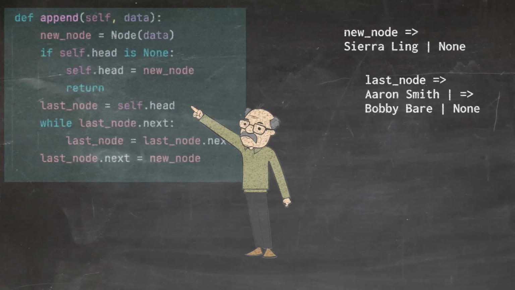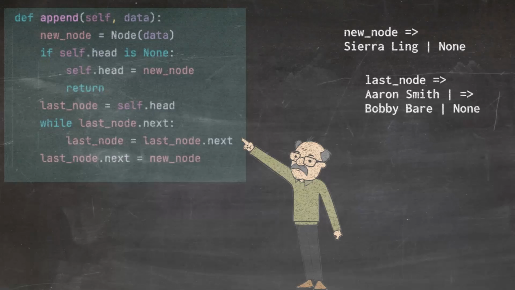Okay, so now we're going to add Sierra Ling to this linked list. As before, we skip the first part because the head is pointing to Aaron Smith. So now we end up at the point where last node is pointing at Aaron Smith. Notice that last node next is not null in this situation.